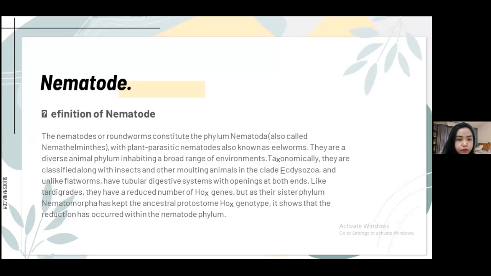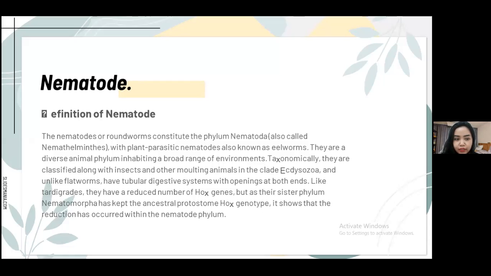Definition of nematode. The nematodes or roundworms constitute the phylum Nematoda, also called Nematelmintes, with plant parasitic nematodes also known as eelworms.